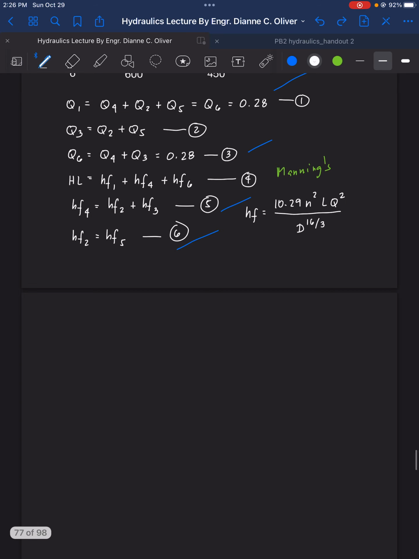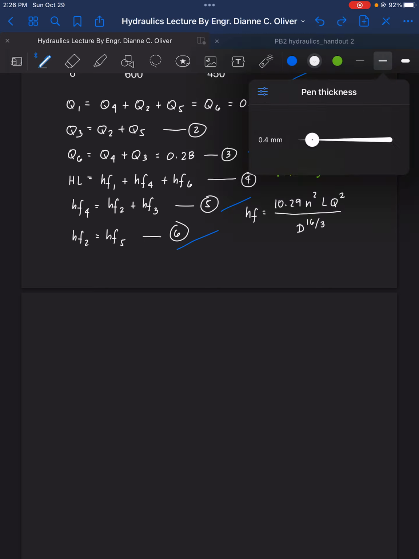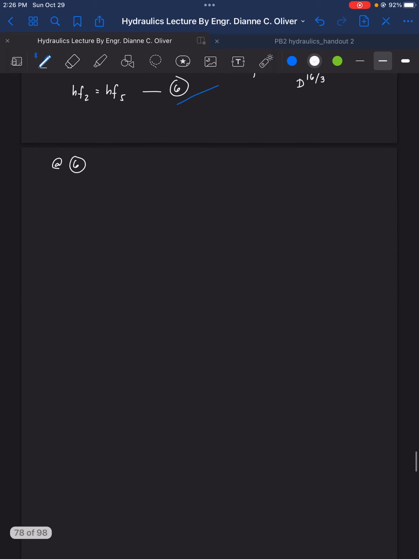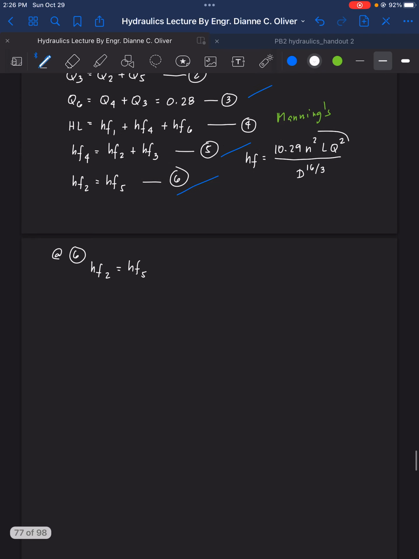So first, let's get the value for Q2 in terms of Q5. At equation 6, the relationship here is HF2 is equal to HF5. So from this formula, we can cancel out the constant 10.29.